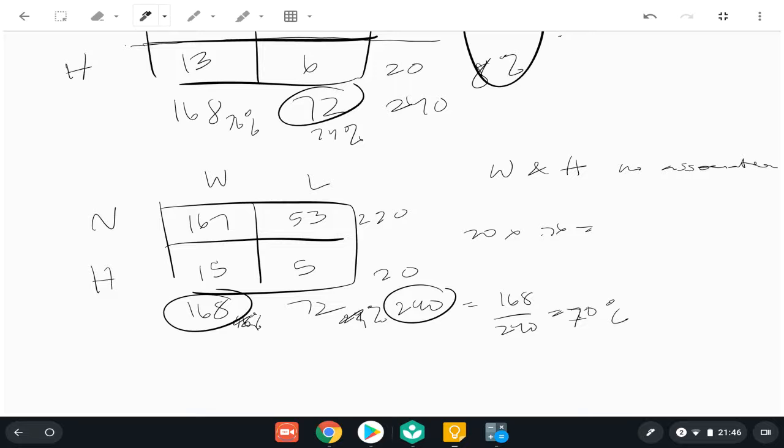So since there's no association over here, I just calculate the win ratio.